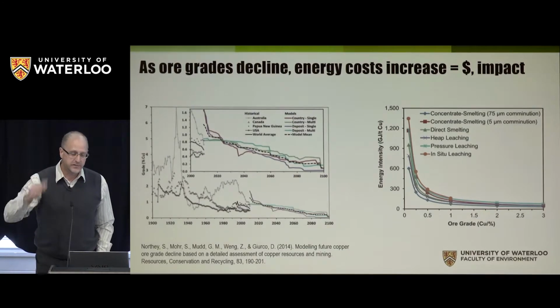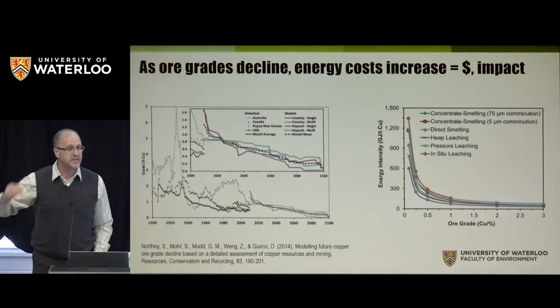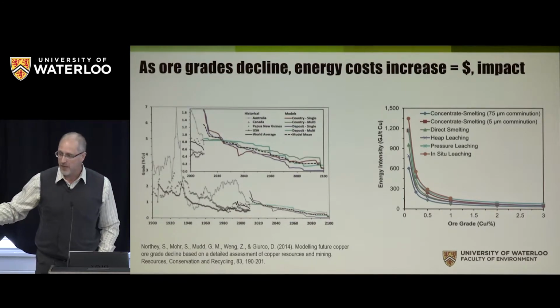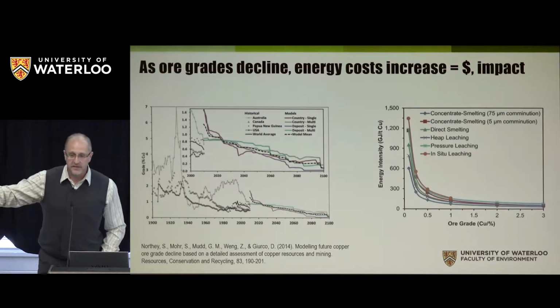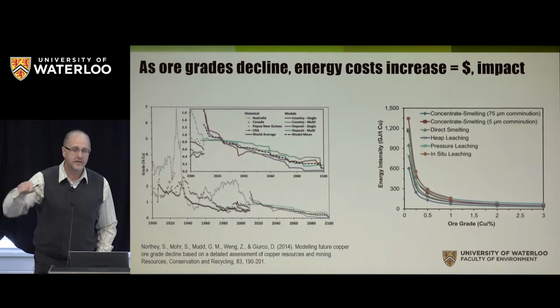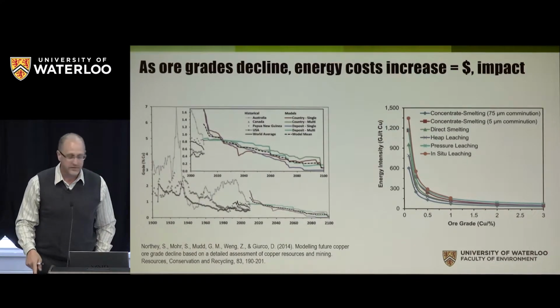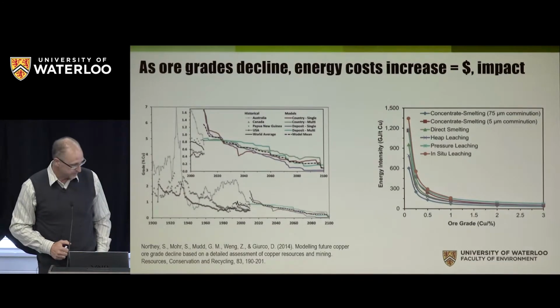And he looked at a bunch of different countries. But what you can clearly see is the grades have been going down over time. Of course, we pick up the rich ore that has lots of metal in it, that's at the surface, that's convenient to get, before we go up into the Arctic and dig deep down under the ice and pull out the rock that has a lower quantity of mineral in it.